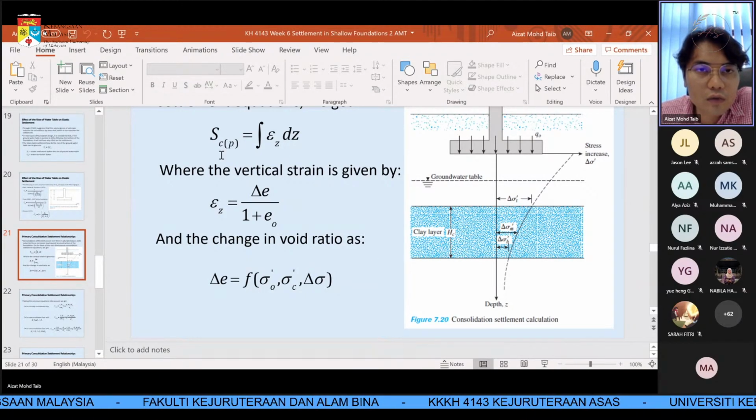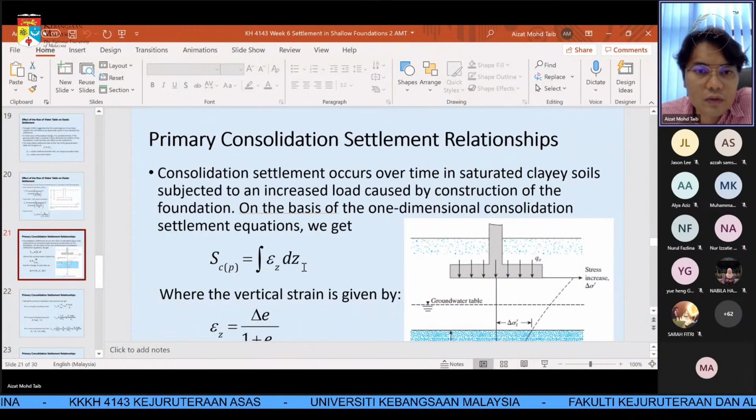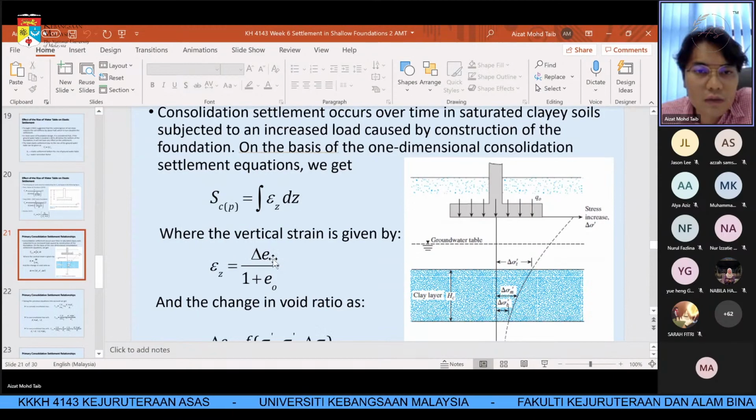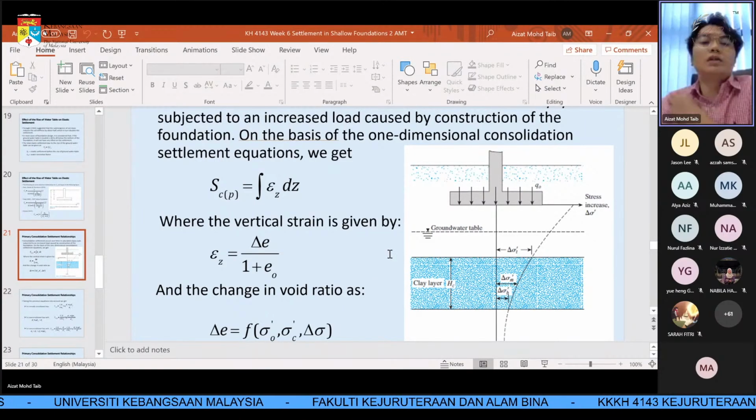So kalau tadi rumus dia ni adalah consolidation settlement, okay, where the vertical strain is given by strain z equals to change in e, okay, over 1 plus e0. Okay, e ni your void ratio lah. Okay, so e0 is your initial void ratio.